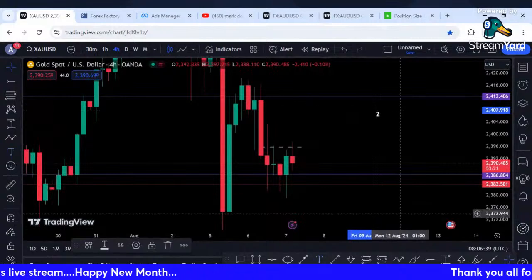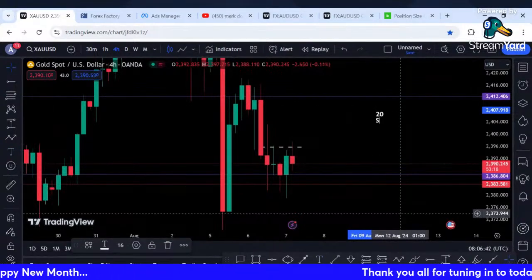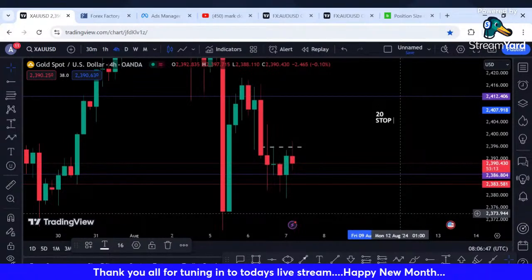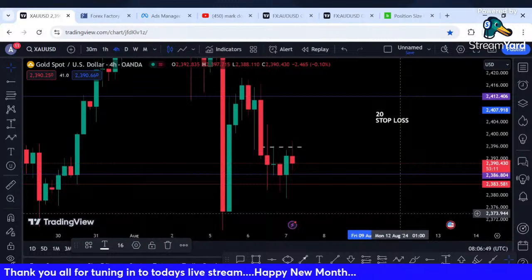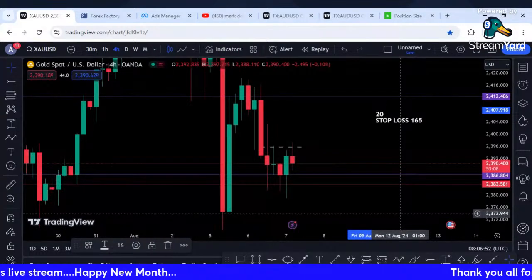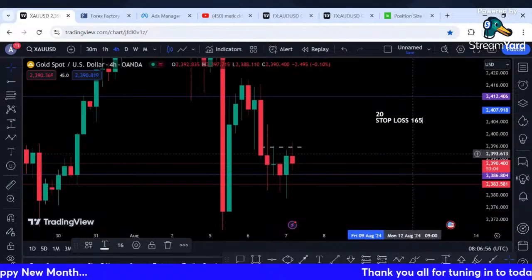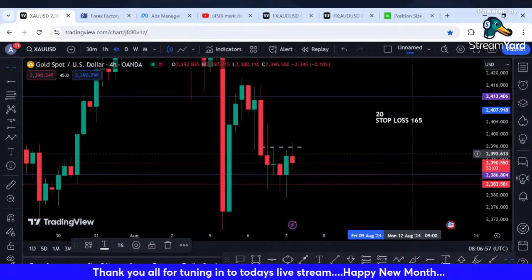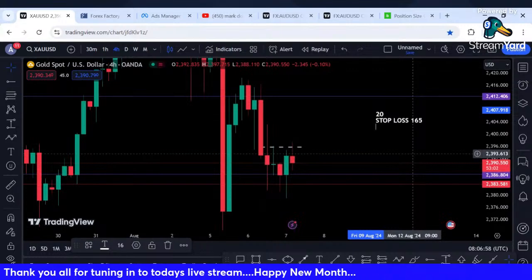If your account size is $20, your stop loss is 164. So let's say 165. With 165, how much are you even risking on the account? Unless you risk all.